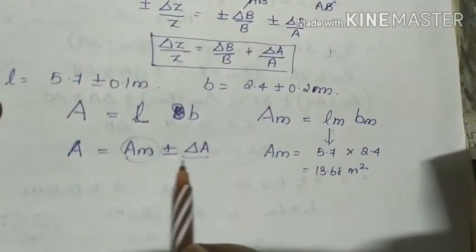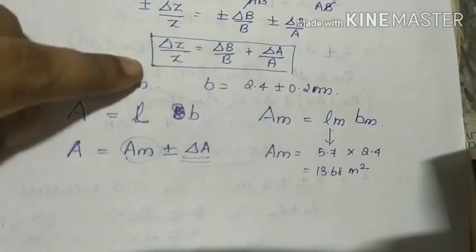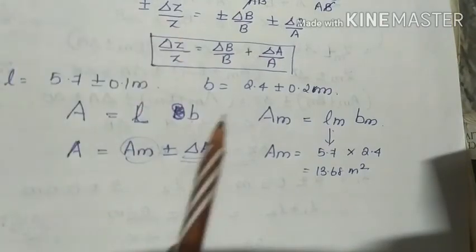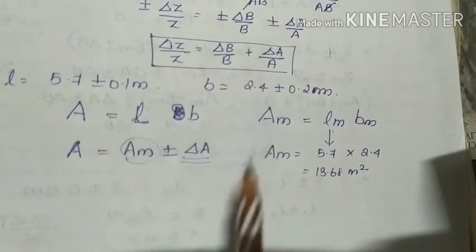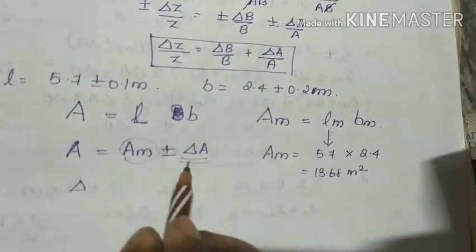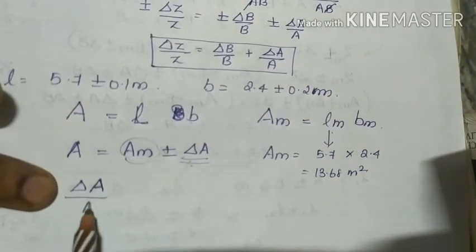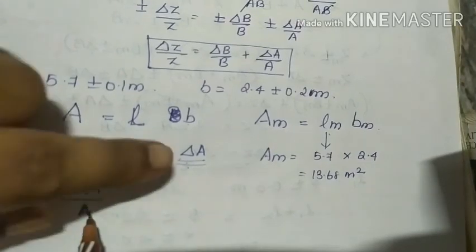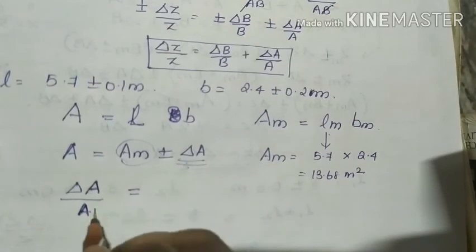Now the problem is, what is delta A? That is the error in area calculation. In the case of multiplication, there is only one thing which you know, that is the relative error of the product is equal to the sum of the relative errors of the factors. So if I want to find delta A, delta A by AM, in place of A you have to write the measured value.